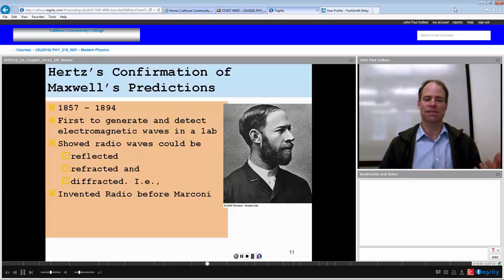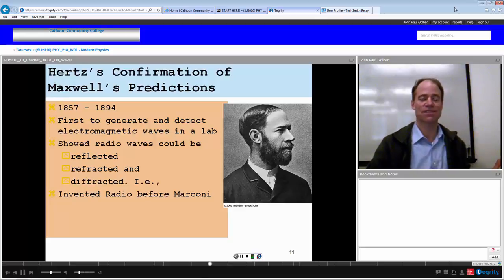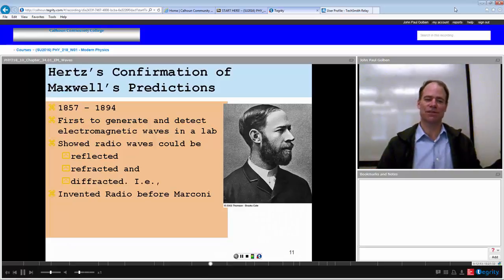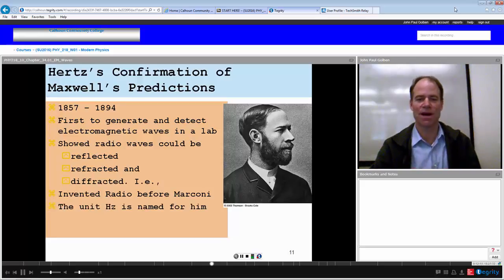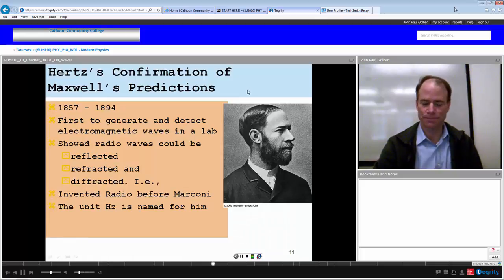In the process, he really invented radio waves before Marconi, and should get credit for that, but doesn't. He invented the radio waves and then started working on them, and then went beyond the communication by Marconi. The unit Hertz is named for him.